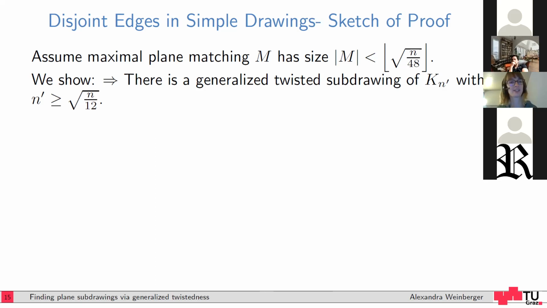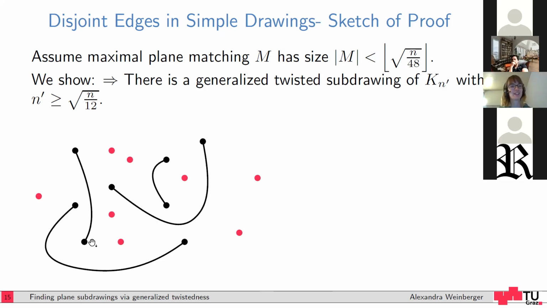So let's do that. We start with our maximal plane matching, and in this figure you can see here, the matching are the black edges, and the vertices are colored now so that the matched vertices are recognizable as black vertices and the unmatched vertices are in red.